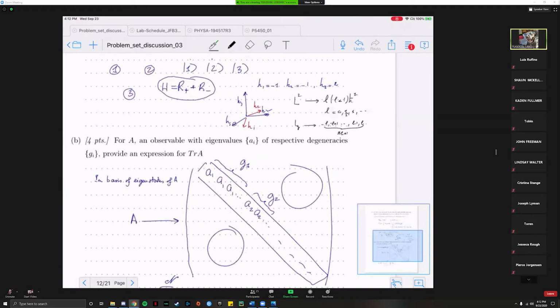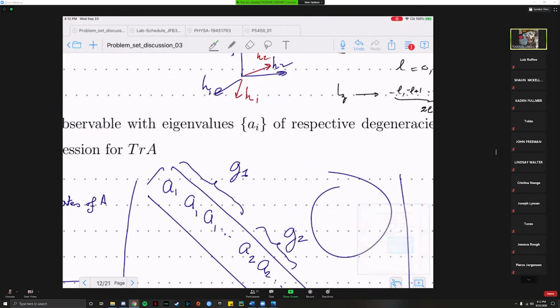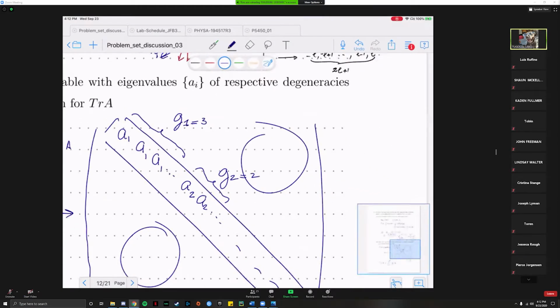So in the case of this matrix, as I drew here, we have G1 that is equal to 3, and G2 maybe that is equal to 2, for example, and maybe G3 is equal to 1.